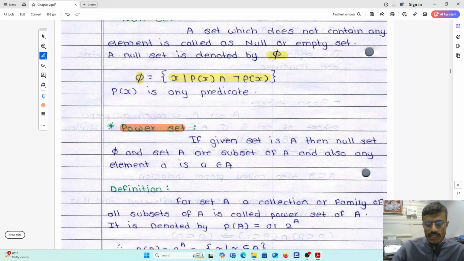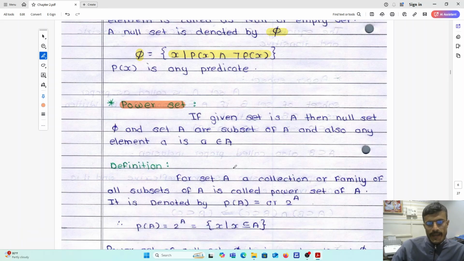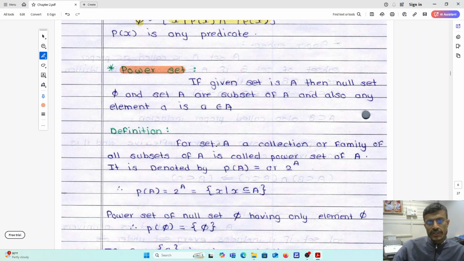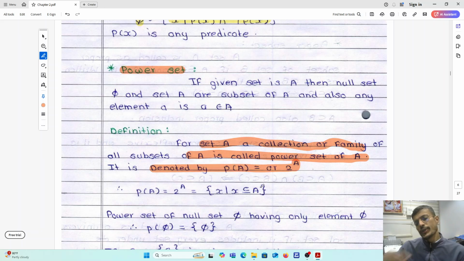If the given set is A, then the null set phi and set A are subsets of A. For a set A, the collection or family of all the subsets of A is called the power set of A, and it is denoted by P(A) or 2 raised to A.